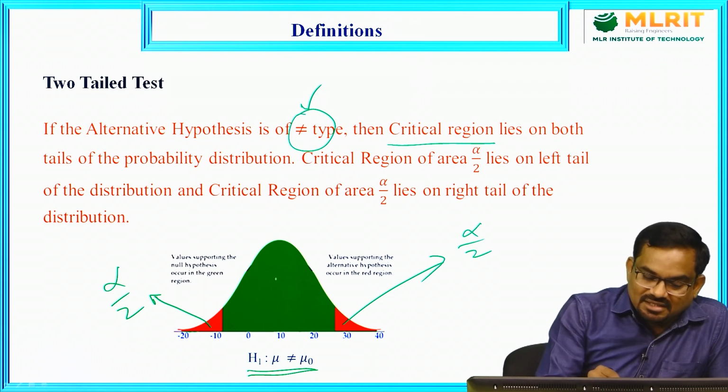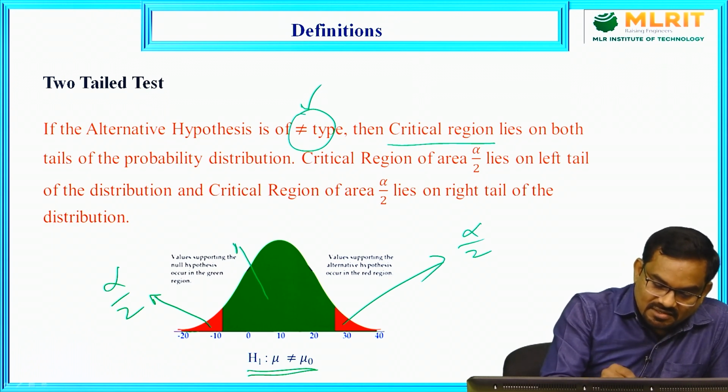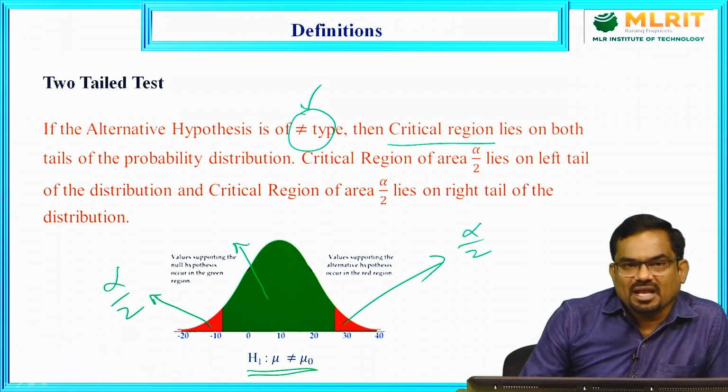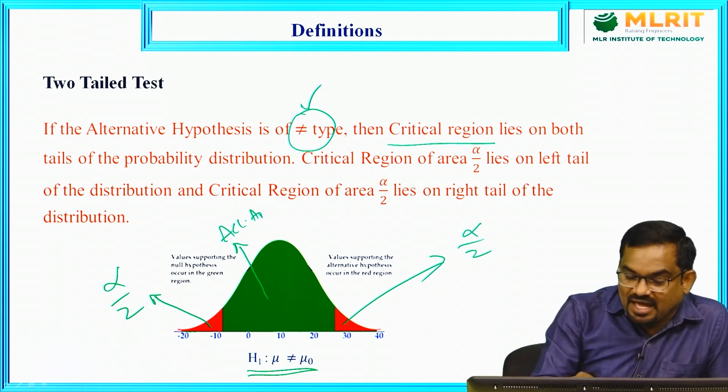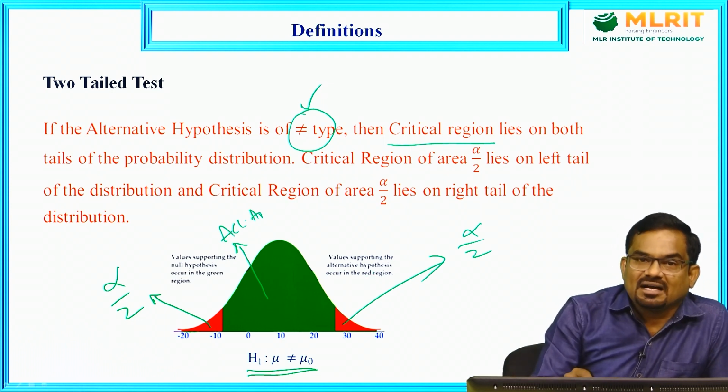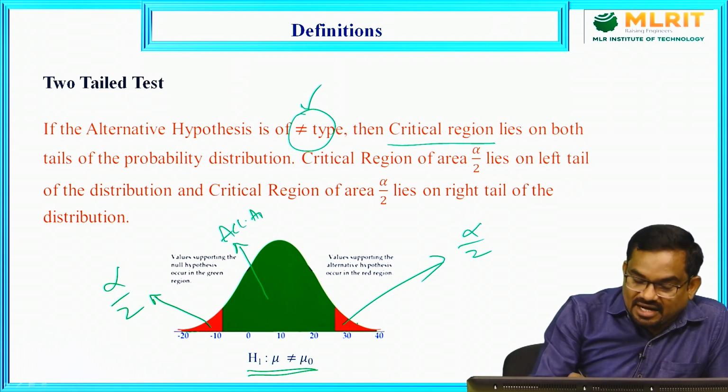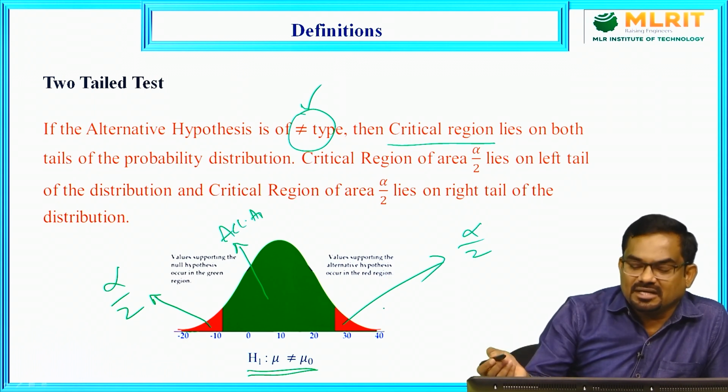That means in this region the values are supporting the null hypothesis. So, accept H naught in this region, whereas values supporting the alternative hypothesis occur in the red region.